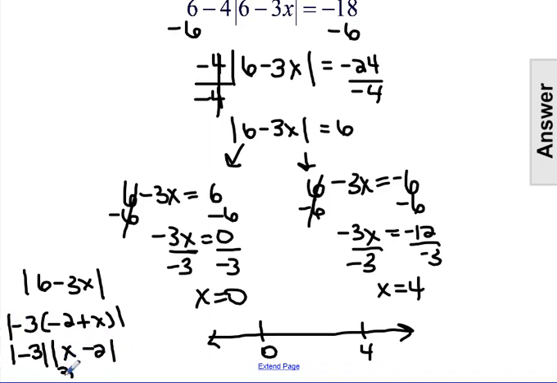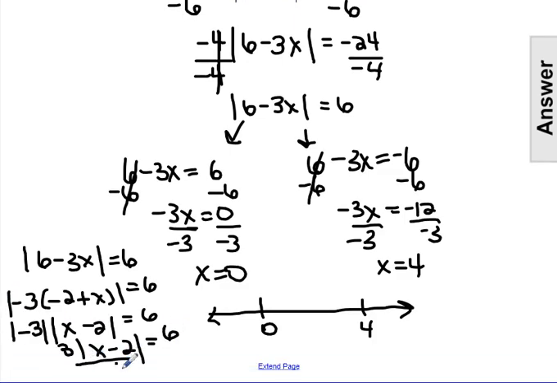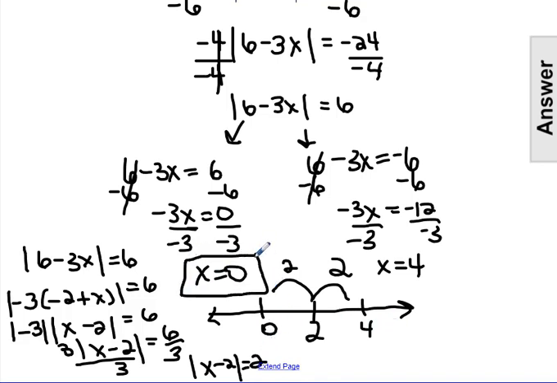So that it would be 3 times the absolute value of x minus 2 equal to, it was originally equal to 6. Then if we divide both sides by 3, we have the absolute value of x minus 2 is equal to 2. So we have a center of 2 with a distance of 2, which matches with our graph, giving us solutions of 0 and 4. That's the main idea, no matter how you get there, that we have those 2 solutions.